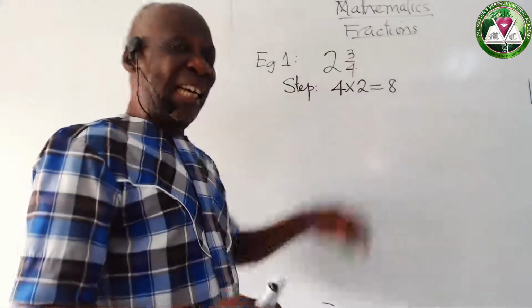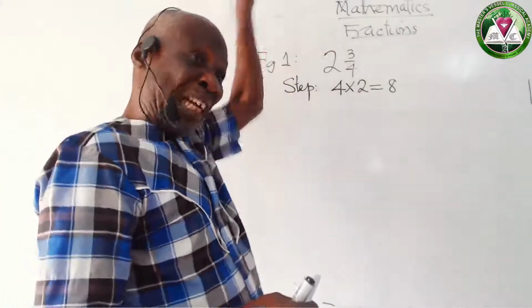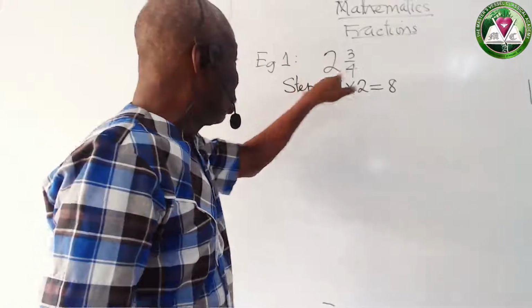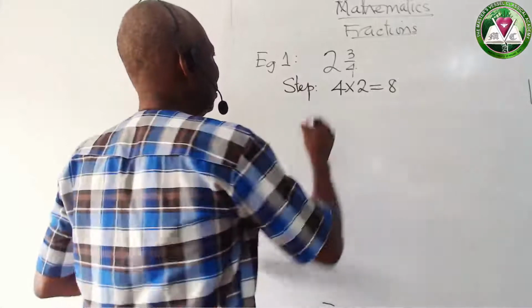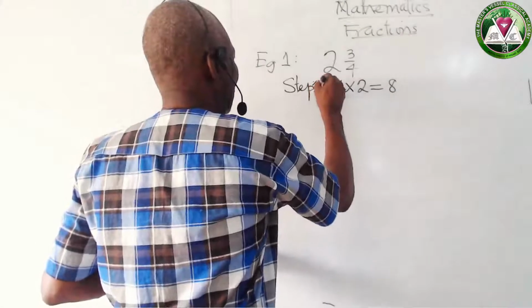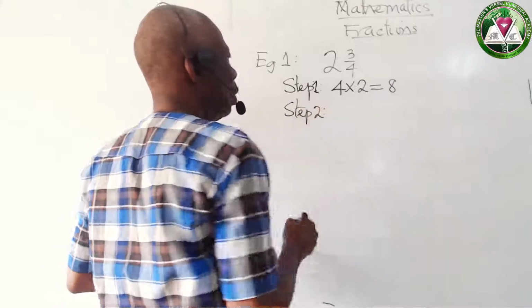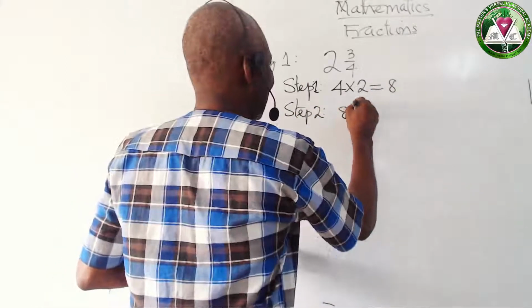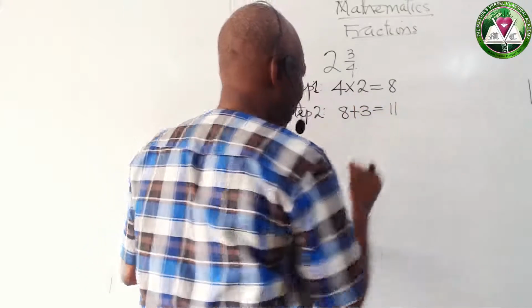Then what about the 3 remaining there? We are looking for a numerator, something that will be on top. And it will be on top of this 4 here. Therefore, step 2 now. What do we do? This 8 is added to this 3 to produce a number 11.